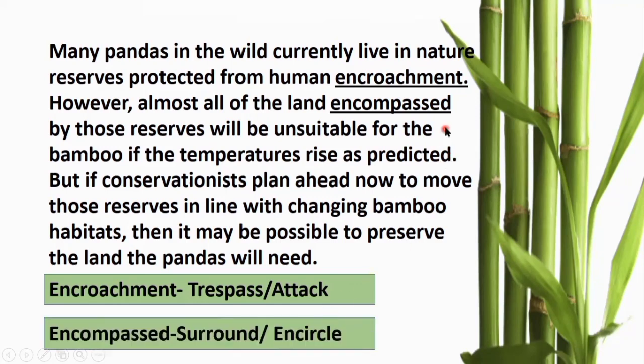The area that these reserves surround is not going to be suitable anymore in the future. But if conservationists plan ahead now to move those reserves in line with changing bamboo habitats, then it may be possible to preserve the land the pandas will need.